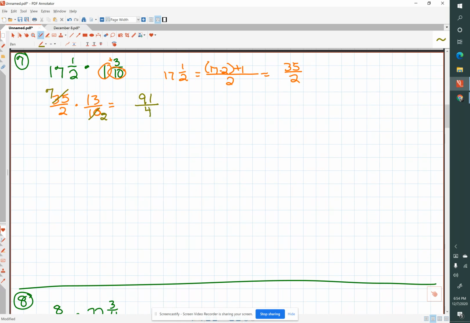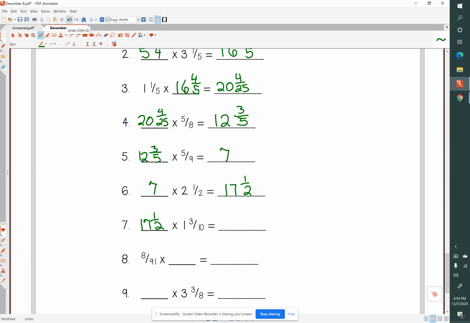Now, if we divide 91 by 4, 91 divided by 4 is 22 with 3 left over. So 22 3/4. And we'll put that on the line for number 8.